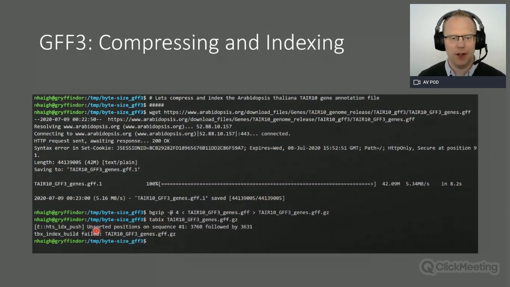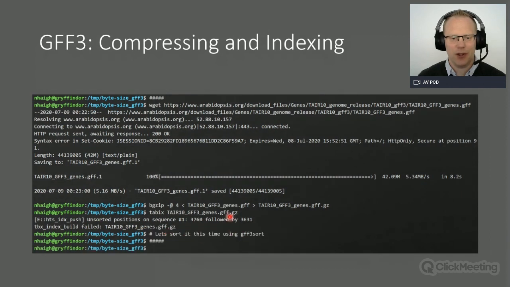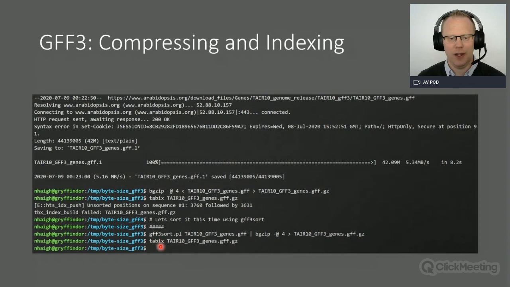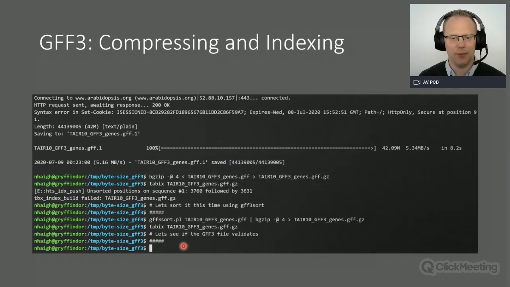And it complains, it fails with unsorted positions. So let's try and sort it with GFF3 sort. We'll do this in a pipeline. So we sort it, pipe it into bgzip with 4 cores for compression. And so this file here now should be sorted and compressed. And we'll then index it, and it shows no error. So we successfully indexed the file.